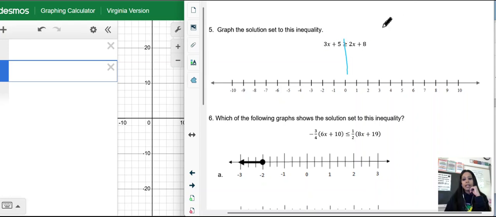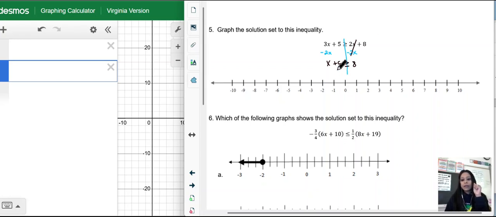So we'll go ahead and first move the x term over, so subtract 2x on both sides. So 3x minus 2x is 1x, or just x, plus 5 is greater than or equal to 8. Keep the sign. The only way that this sign gets switched is when you multiply or divide by a negative.